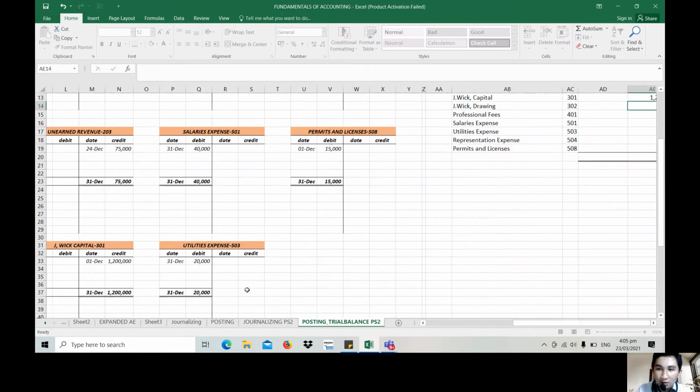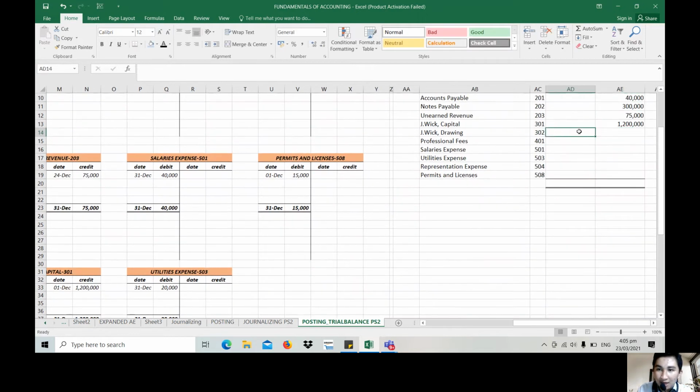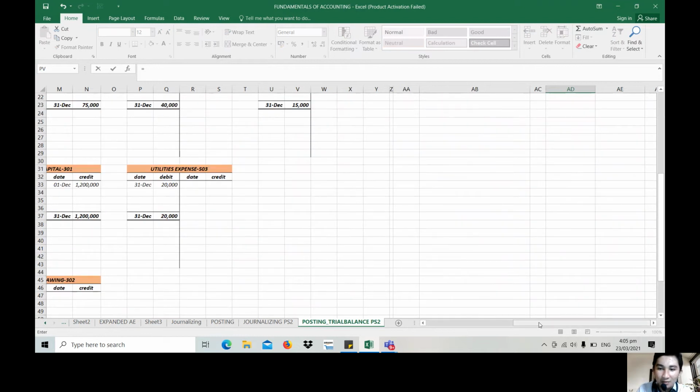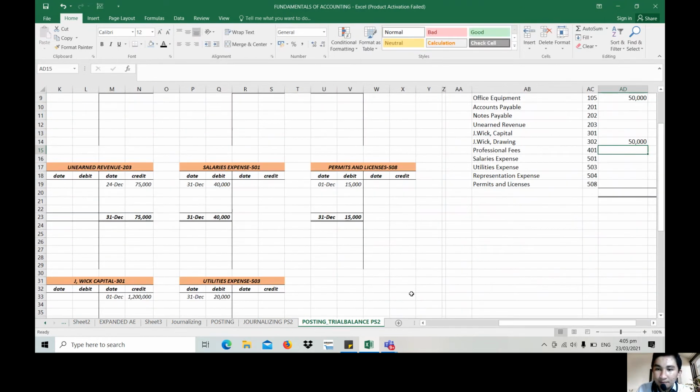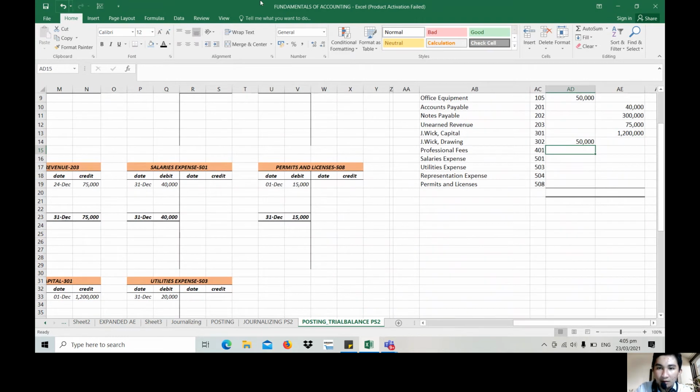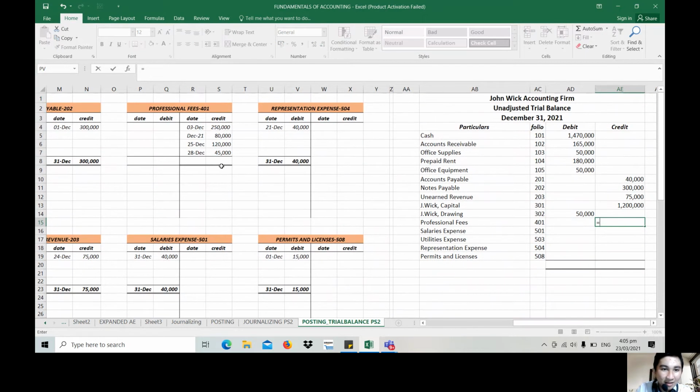Ito, 1,200,000. Drawing is debit. Debit ang normal balance ng drawing natin ha. Huwag kalimutan. Professional fees is credit, kasi income yan. Hindi pa pala natin na-total. Okay, total muna natin. That is the balance on December 31.